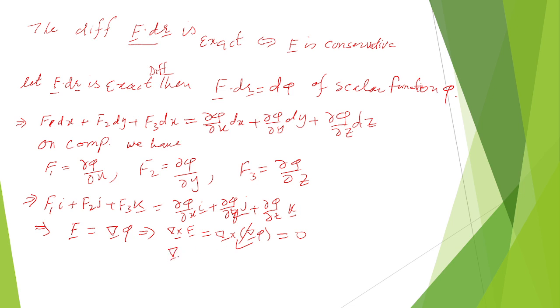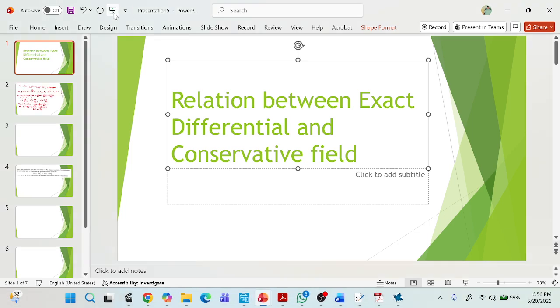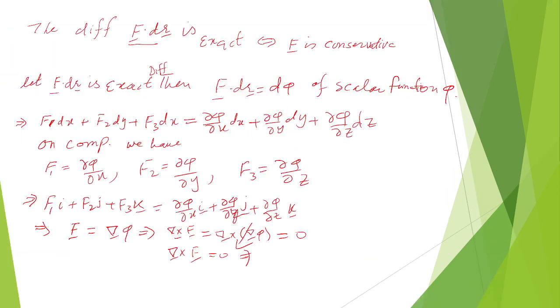So the curl of F is 0, this means that F is conservative.